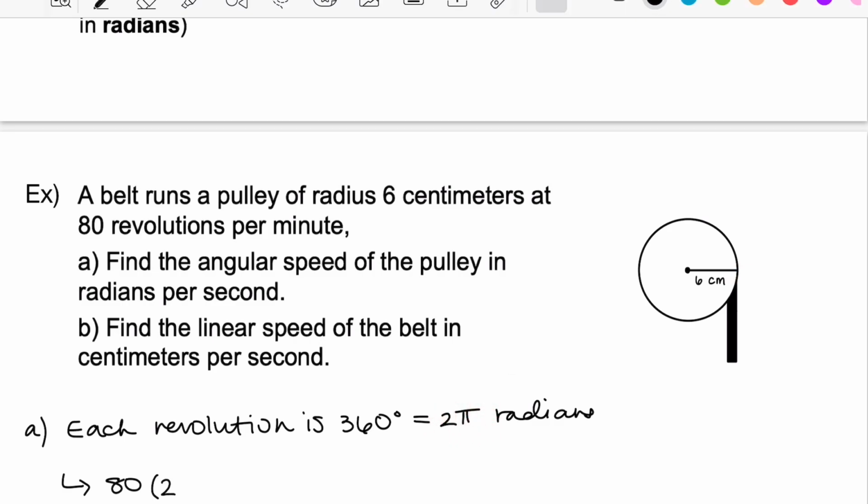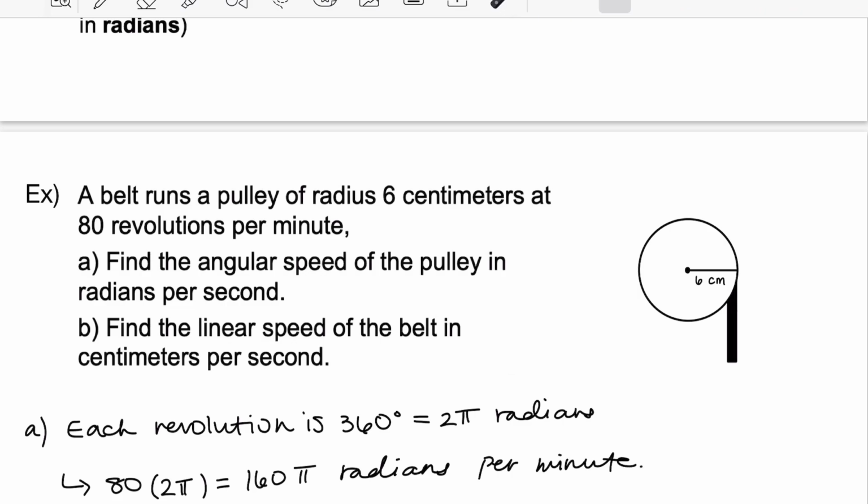So we'll do 80 times 2 pi here. This tells us we're going around 160 pi radians per minute. So every single minute we are going around this pulley 80 times, and in units of radians, that's the same as 160 pi radians.